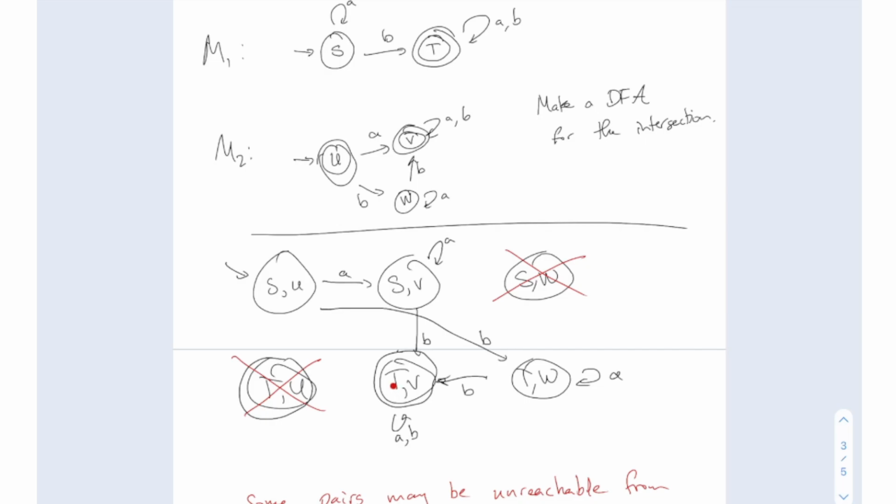T comma V, both T and V are accepting in the original one. T comma U also, both T and U are accepting in the original 2 machines. All right? And the reason I want both is because we're talking about the intersection, which as far as sets goes is "and", right? It's in this set and also this set. That's why I'm taking pairs in which both are accepting. All right?